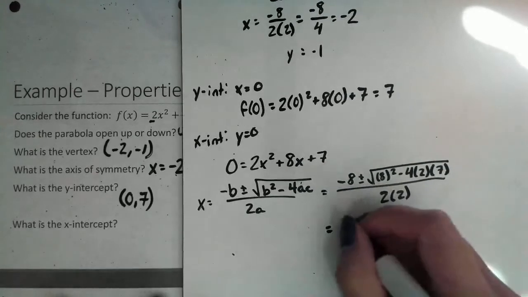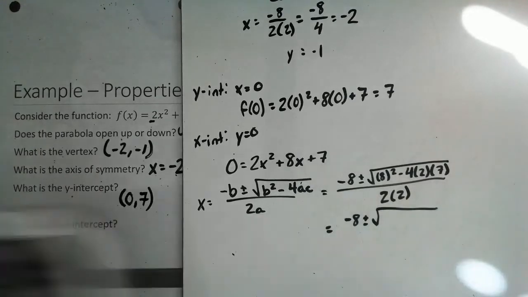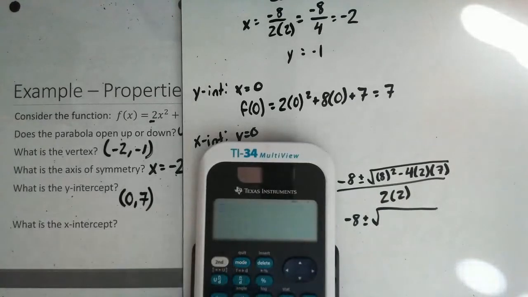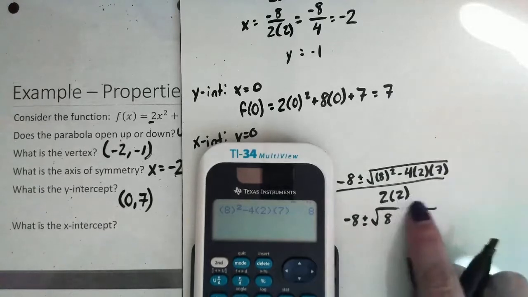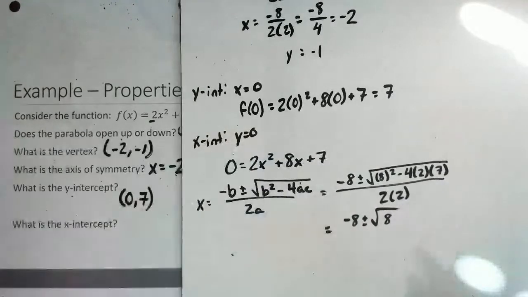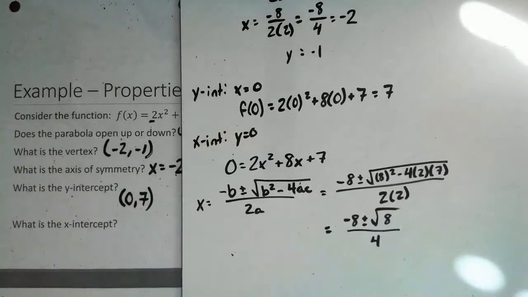So that will be a negative 8 plus or minus the square root of, I'm going to go ahead and type the part under the radical into my calculator. 8 squared minus 4 times 2 times 7 is equal to 8. That's all over my 2 times 2, which is 4.